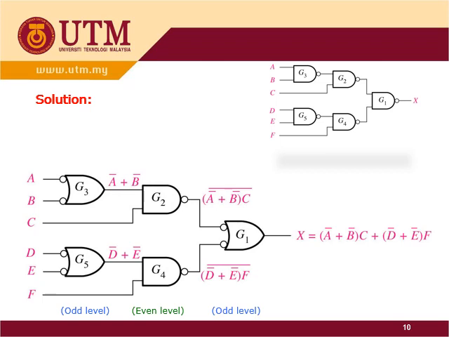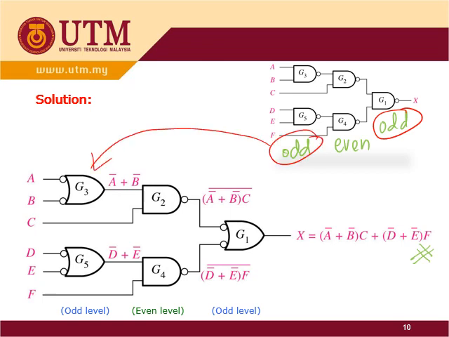To get the Boolean expression, change the odd level. Why? Because odd, even, odd. So I say I'm going to choose odd, right? I mean, I'm going to choose the level of the last gate. So in this case, I'm choosing odd. Change the odd here, change the odd here.